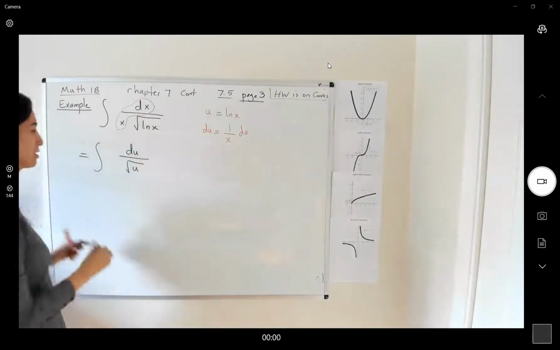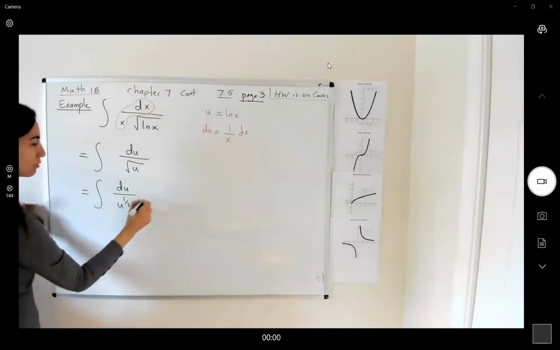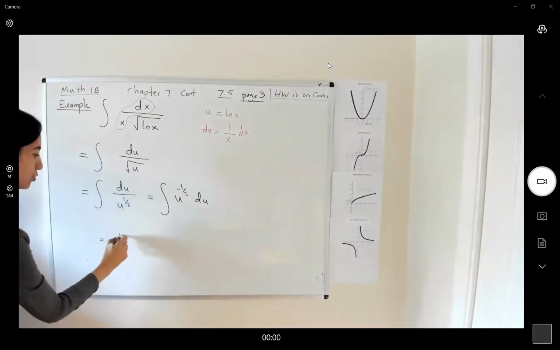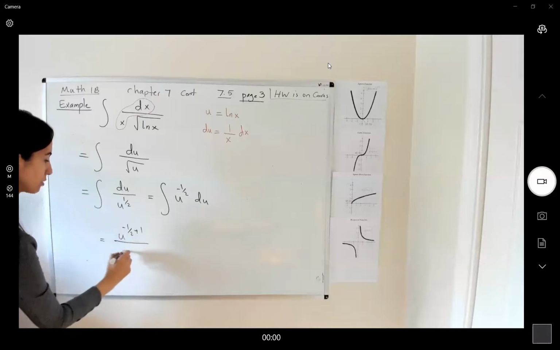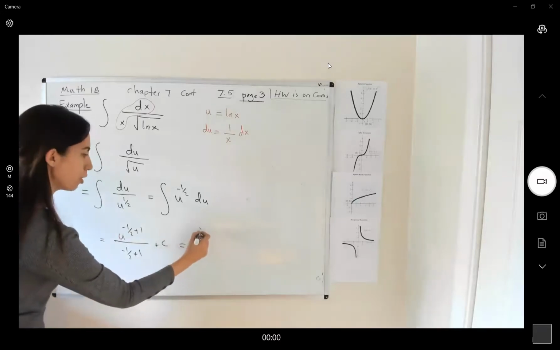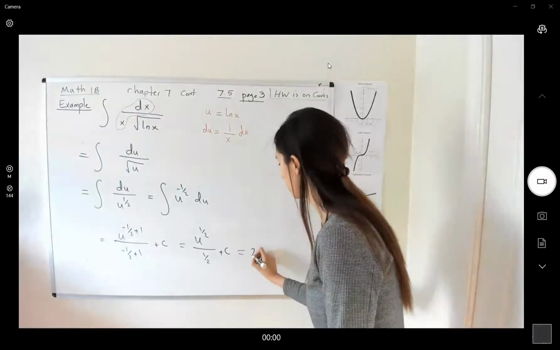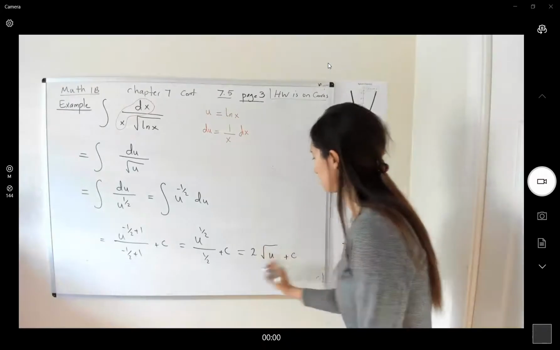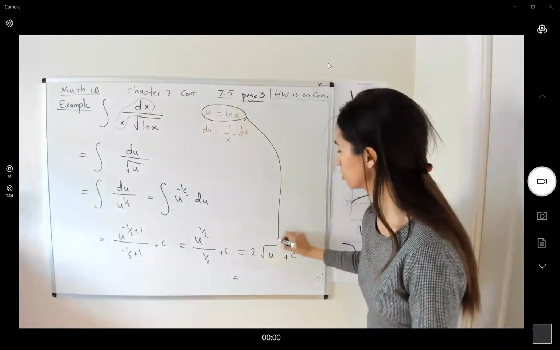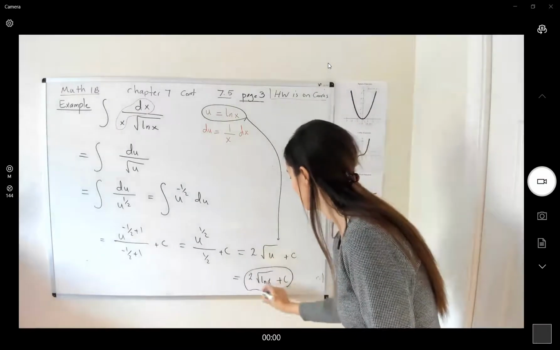Now I already know how to handle this integral because this is equal to the integral of du over u to a half, which is integral u to negative a half du, which is equal to u to negative a half plus 1 divided by negative a half plus 1 plus c, which is equal to u to positive a half divided by a half plus c, and this guy is equal to 2 times square root of u plus c, which eventually can be written as, since my u is ln of x, we can substitute this here. 2 times square root of ln of x plus constant of integration.